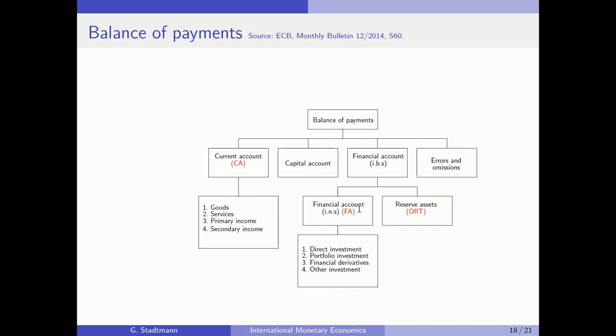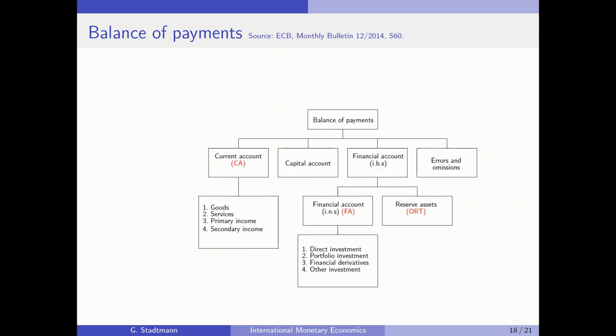In case that in the end the balance of payment is not balanced, then the account errors and omissions will be addressed. So in the real world, errors and omissions might be an important account, but here in this lecture, this account will be irrelevant. We will not talk about errors and omissions anymore.